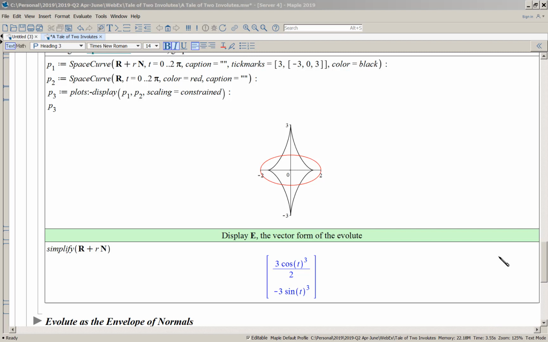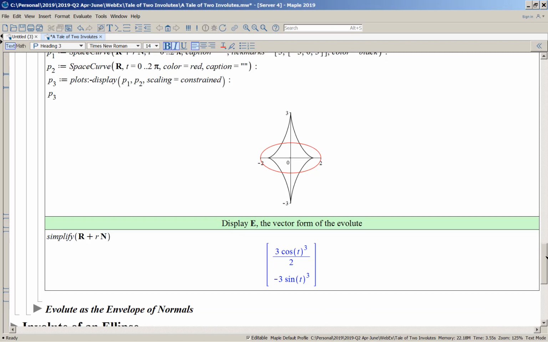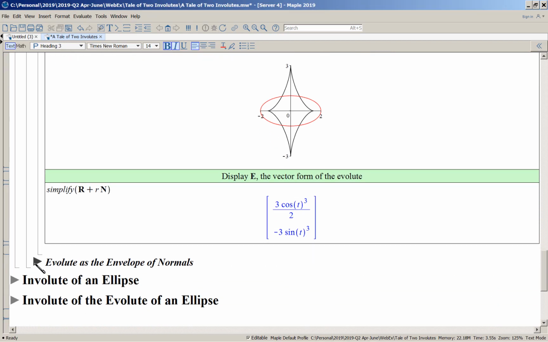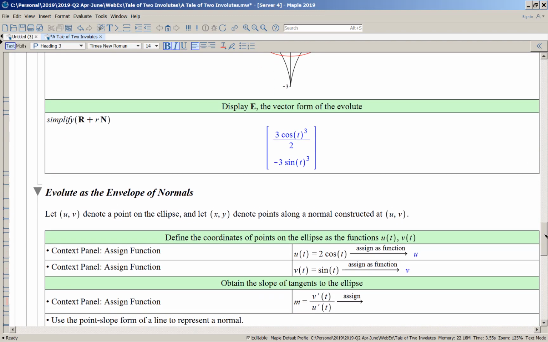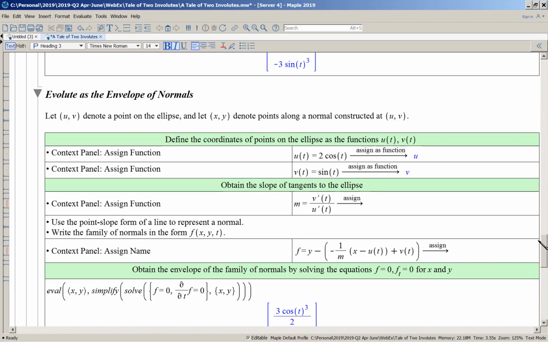Okay, now let's look at the envelope of normals. So we want to get the evolute as the envelope of normals. Here is the description of the ellipse, 2 cos t, sin t. And I want to make this a function, and I want the independent variable to be t.